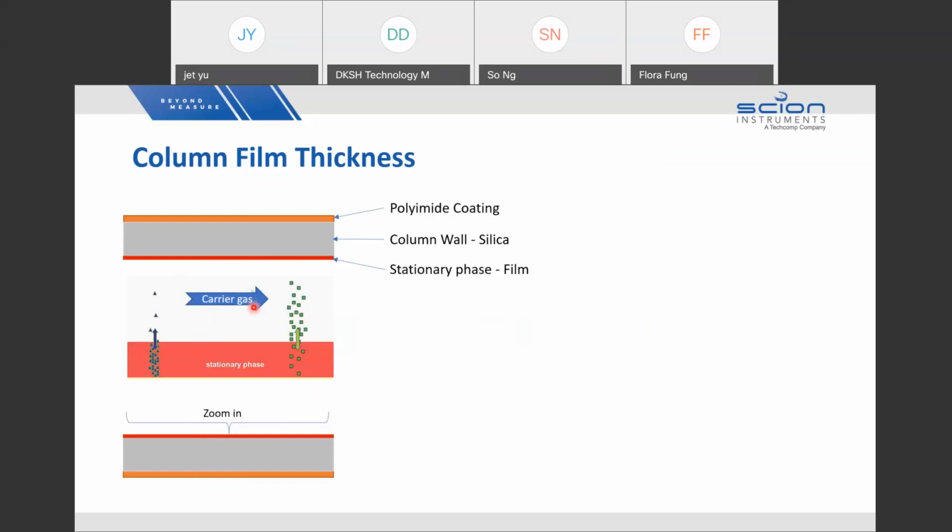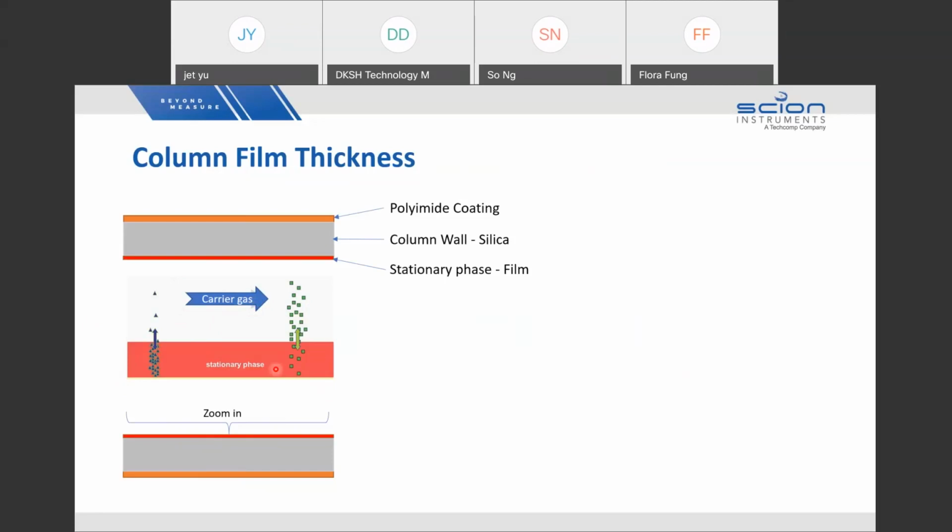Basically, this is a dynamic equilibrium. The stationary phase constantly dissolves the analytes and, in the meantime, releases them, so the analytes move in one direction. It's not like the stationary phase catches the analytes and doesn't let go.